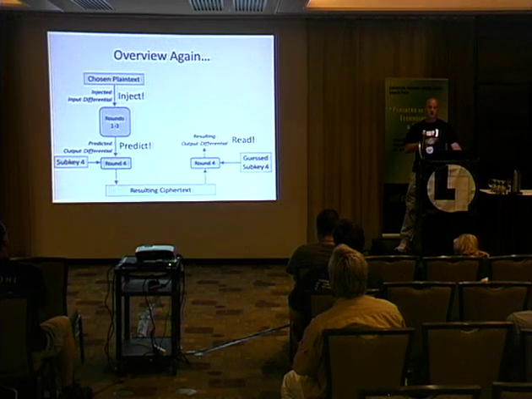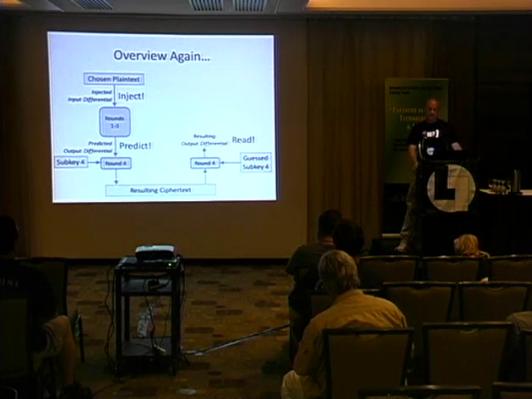We decrypt it, but not all the way. We decrypt it based on a guess that we make at the last round subkey. And we get a pair of numbers, we get their differential, we read it, and we see if it matches the prediction. If it does, then the subkey we use to make that guess gets a point. Its score goes up. If you do this over and over again, the correct subkey will emerge.